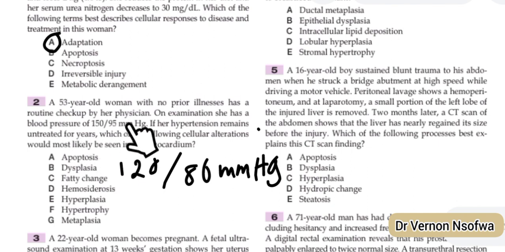But if you look at this patient, she had 150 systolic pressure and 95 diastolic pressure. That's too much. So it simply means that the heart of this person is pumping a lot of blood. But how does the heart pump a lot of blood? It pumps a lot of blood by increasing the heart rate.